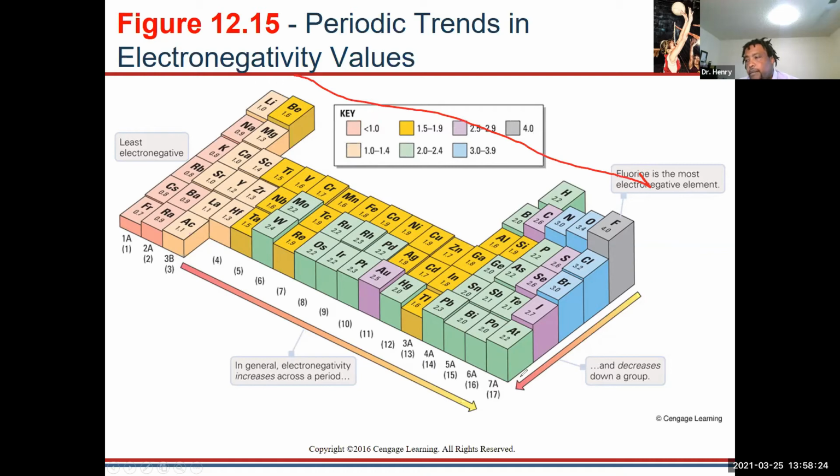As we go from bottom to top, the electronegativity is going to increase. Or we could say it decreases as it goes down. So fluorine is going to be the most electronegative, and francium is going to be the least electronegative.